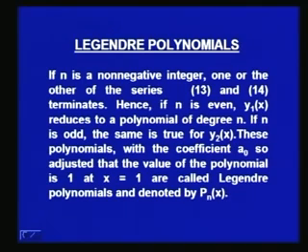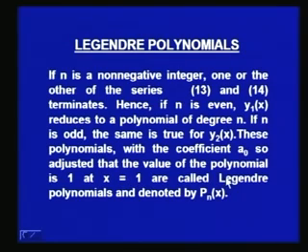Now, the coefficient a naught that occurs in the functions y1 and y2 is at our choice. So, we can make a suitable choice for a naught. Let us choose it in such a way that the value of the polynomial which occurs in y1 or y2, as n is even or odd, has the value 1 at x equal to 1.